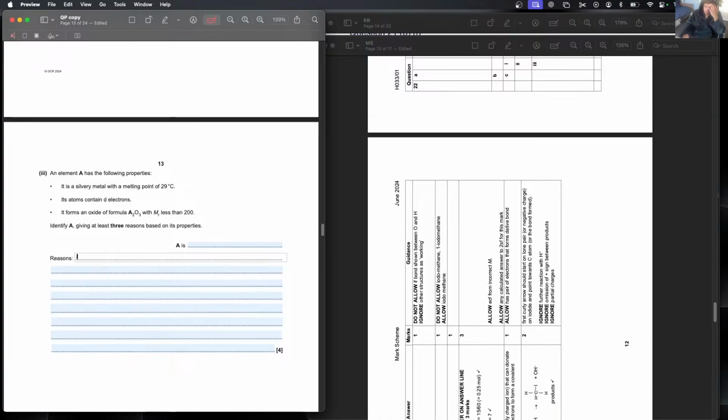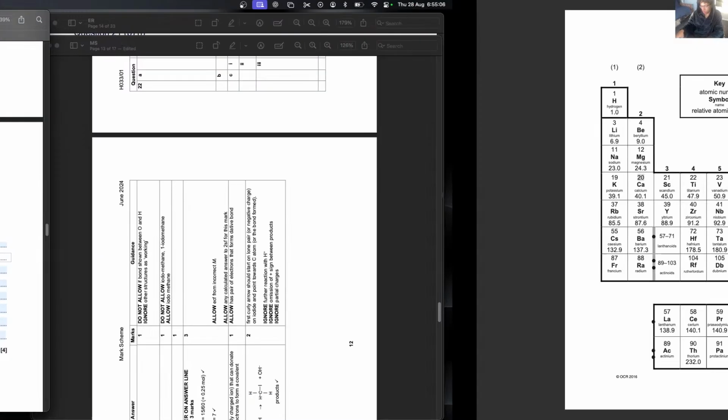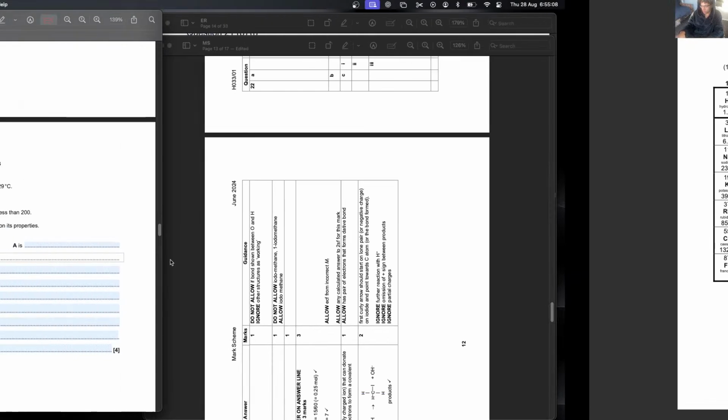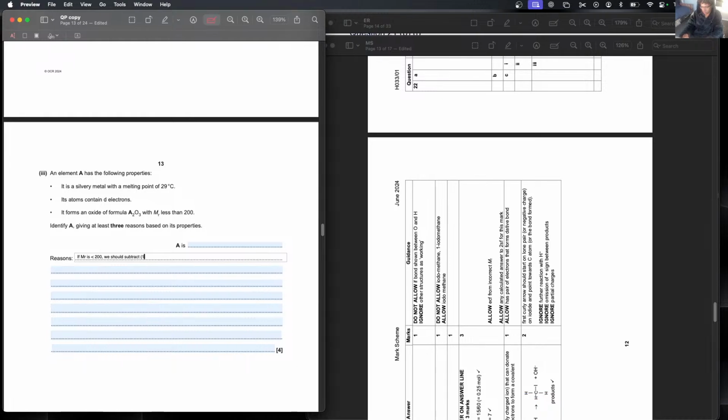Okay, we're gonna go with the formula first. This is oxygen is 16, right? Forty-eight.